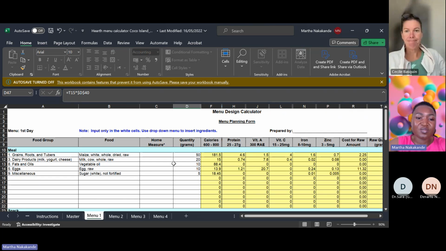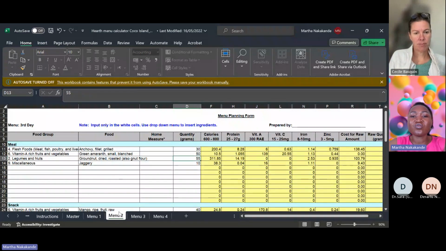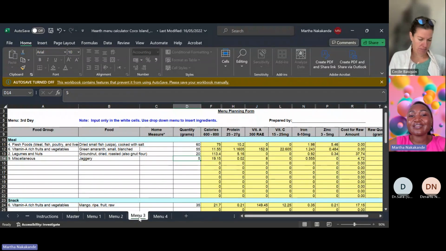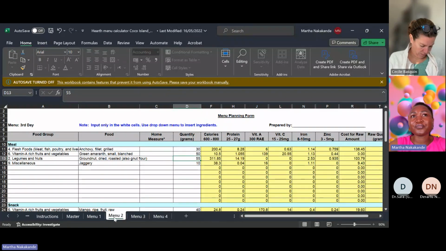And then you can create this menu. Then you go ahead into menu 2, create another menu. You go ahead into menu 3, create another menu, so that you have different recipes that you can recommend for the mothers. Right? I think this is one I did for some other place where they had fish and they had greens and they mixed with nuts, and they had something that they call jaggery.